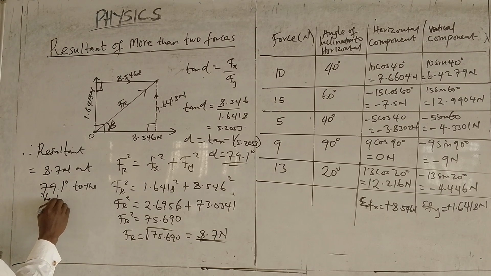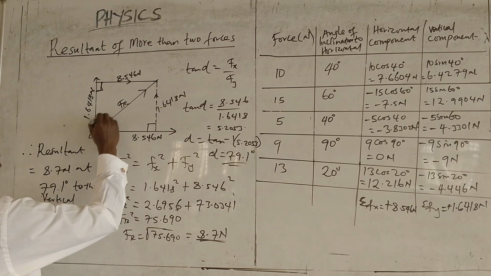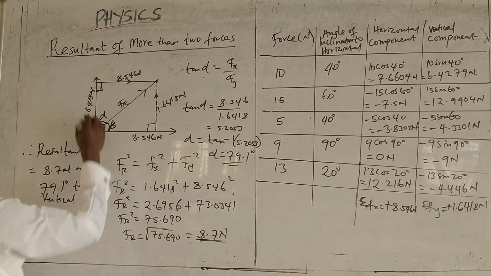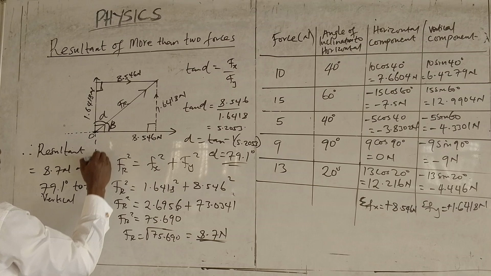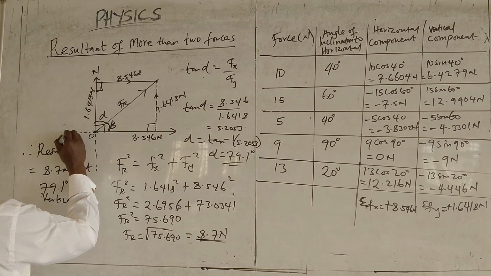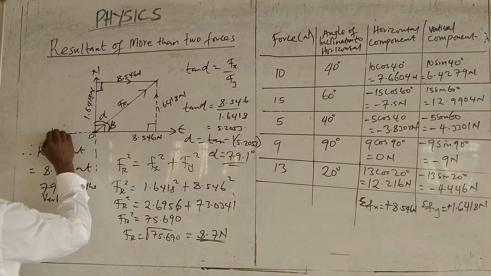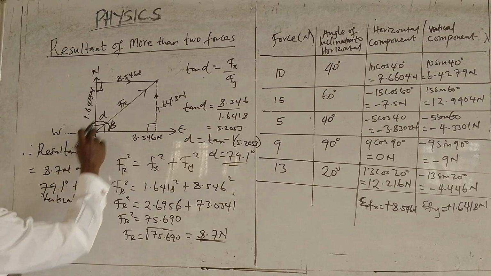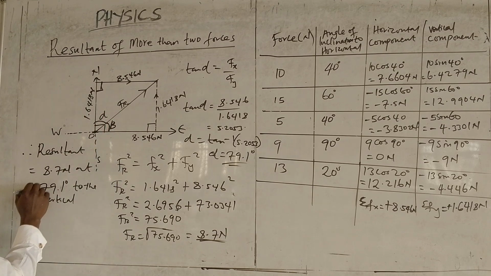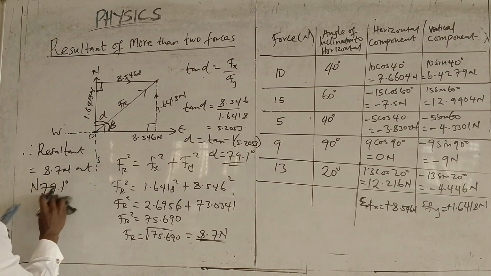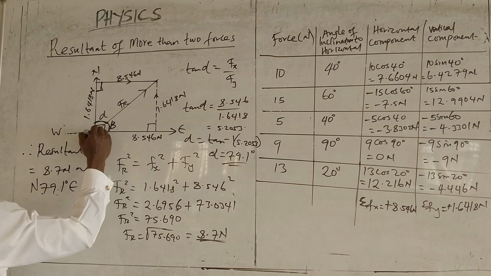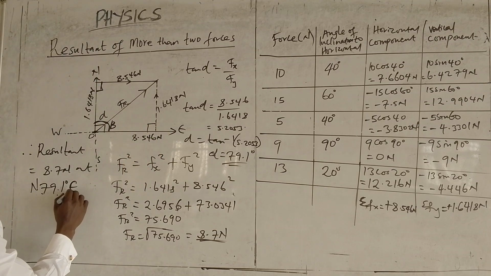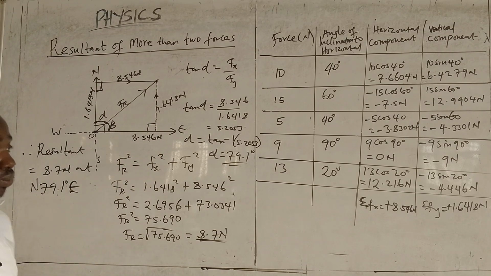But it's better you use compass bearing. Here is the vertical, and here is alpha. If I complete the horizontal, we have the cardinal points north, east, west, and south. So instead of saying to the vertical, this angle is between the north and the east, so the direction is north 79.1 degrees east. So that's the resultant.